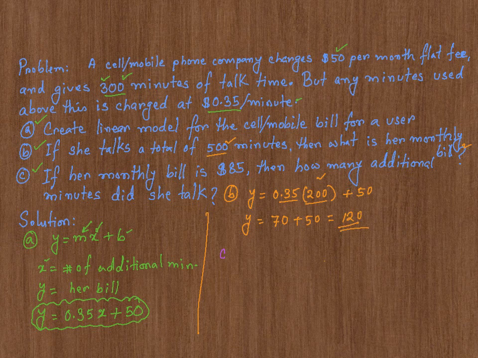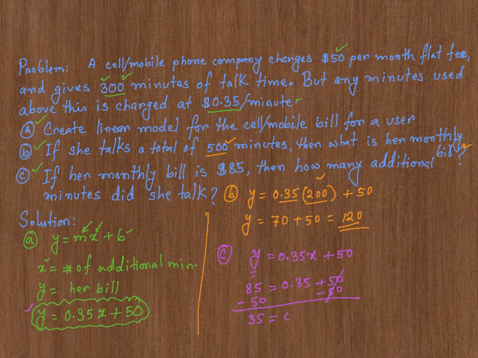The last one, C, if her monthly bill was $85, that means if her y was $85, so it's going to be 85. So y is equal to 0.35x plus 50. Y is 85, so I'm going to put 85 is equal to 0.35x plus 50. If I subtract 50 from both sides, I get 35 on the left hand side, because 85 minus 50 is 35, is equal to, on the right hand side, these two cancel out, positive 50 and negative 50.